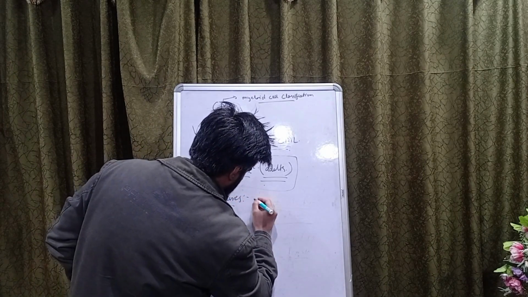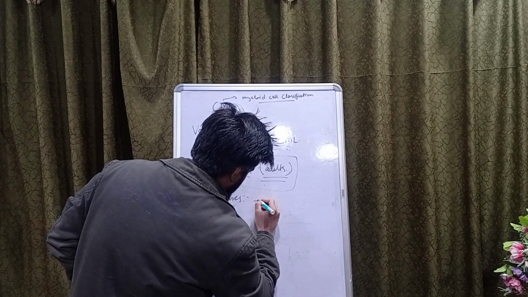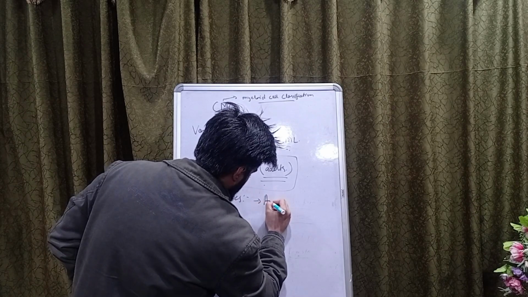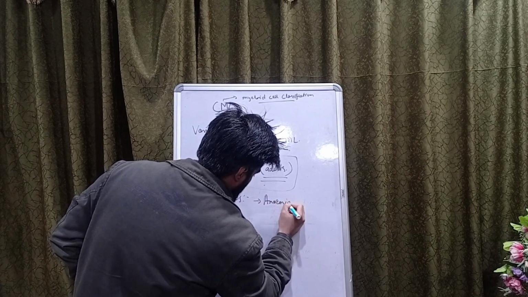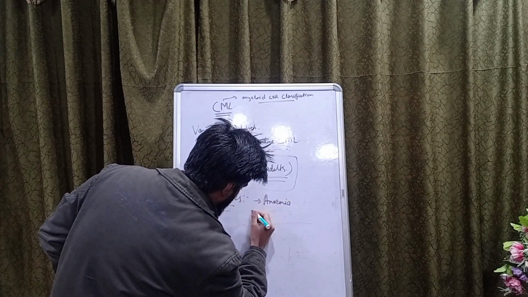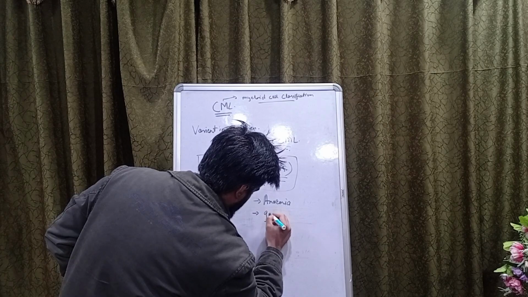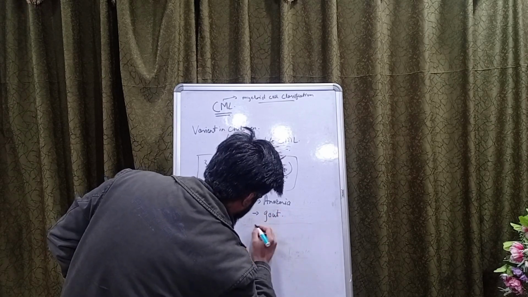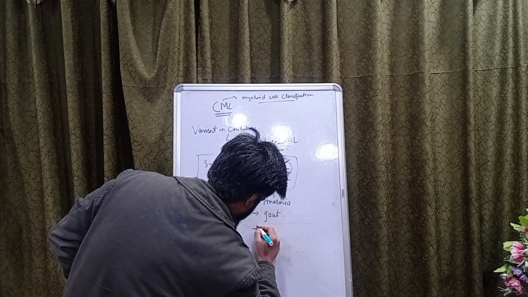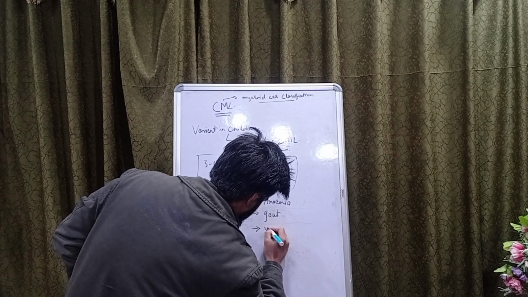So the first clinical feature is anemia. The second one is gout. Third, visual disturbance.